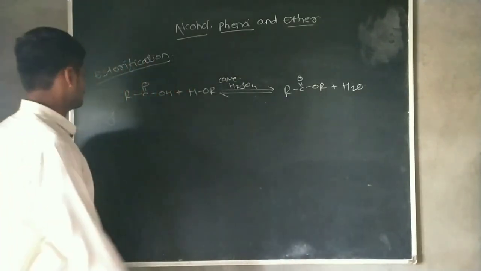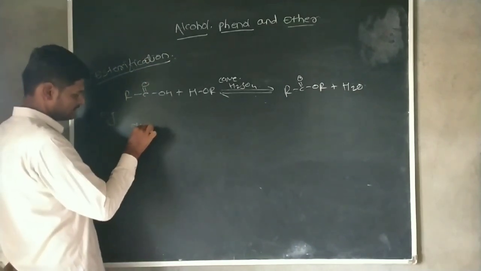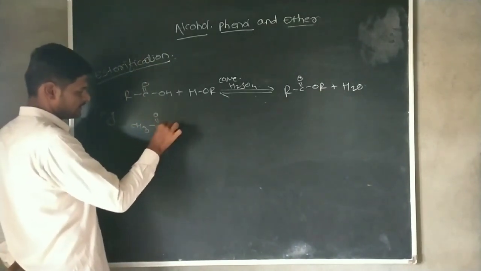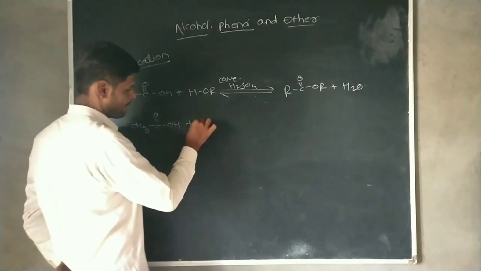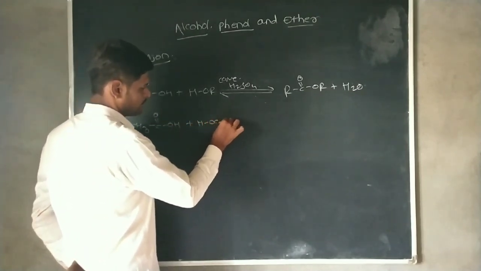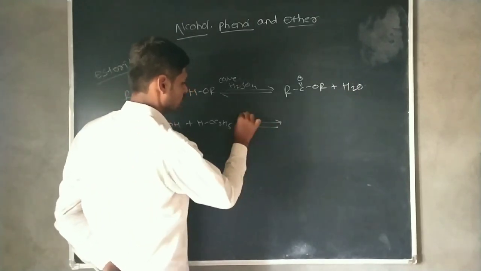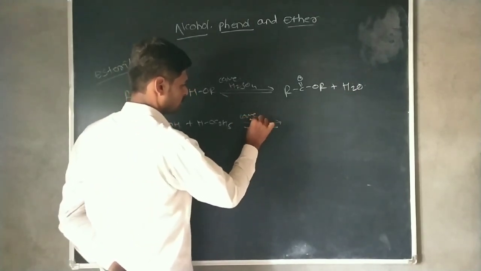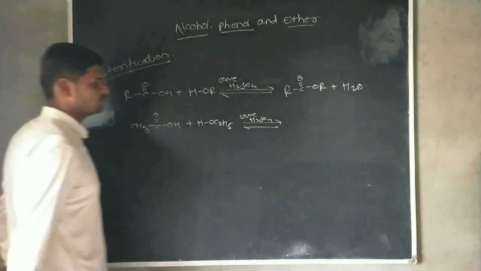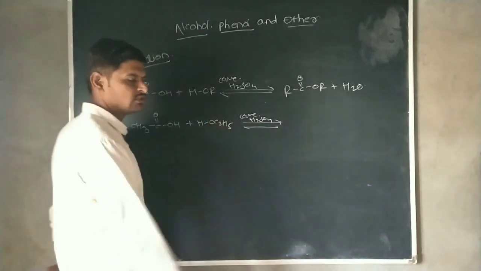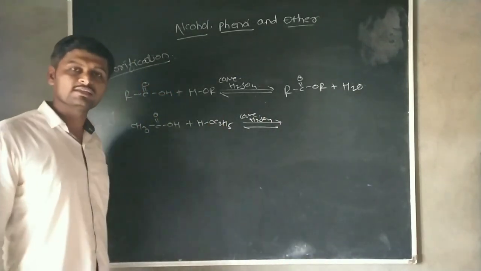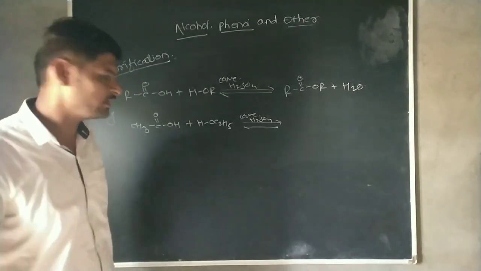Then we consider the example here. Acetic acid is reacted with ethanol in presence of concentrated H2SO4. The concentrated H2SO4 acts as a protonating agent, as well as a dehydrating agent.